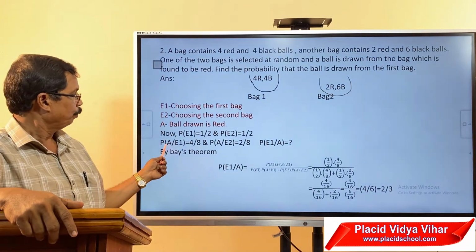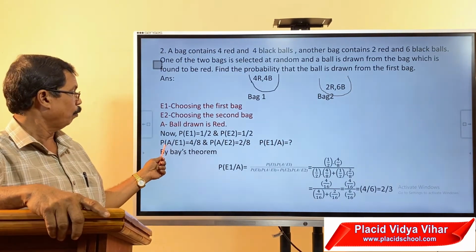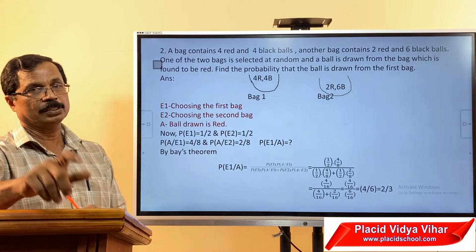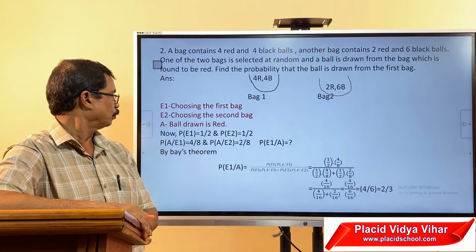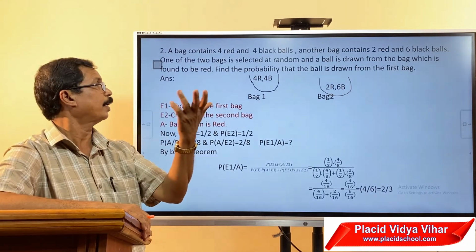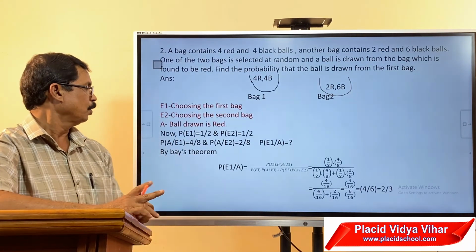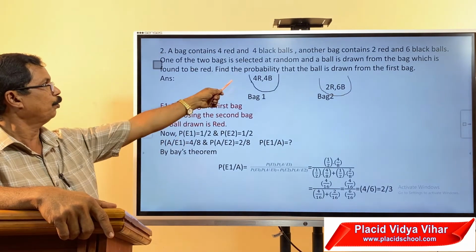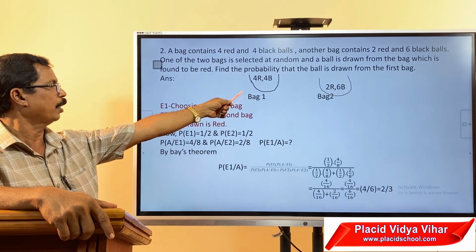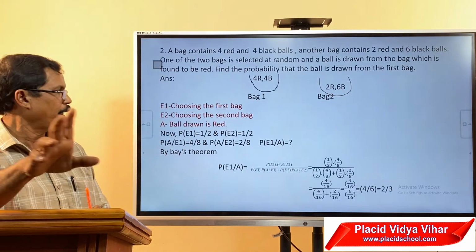Okay, now another thing, that is the probability of A given E1. That is the first case. Suppose we chose the first bag and we have taken a red ball. So what is P of A given E1? You know there are 4 red balls and a total of 8. So the answer is 4 by 8.